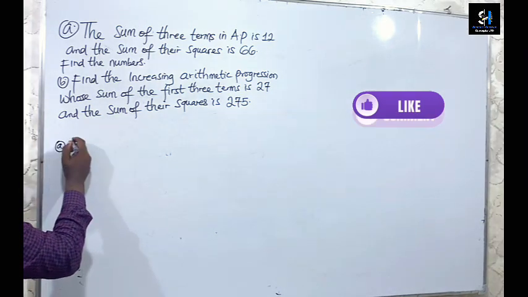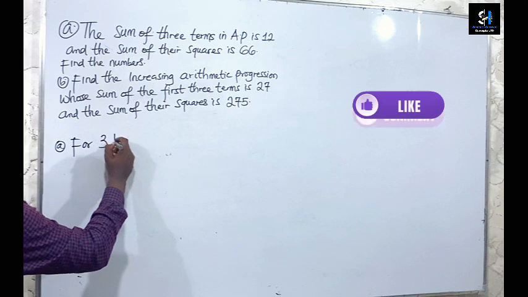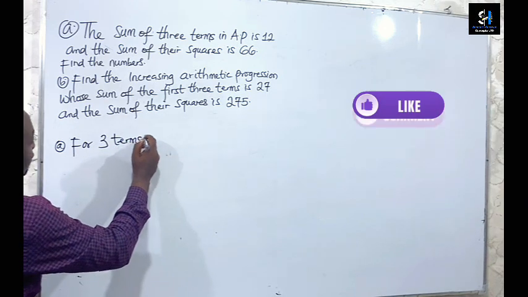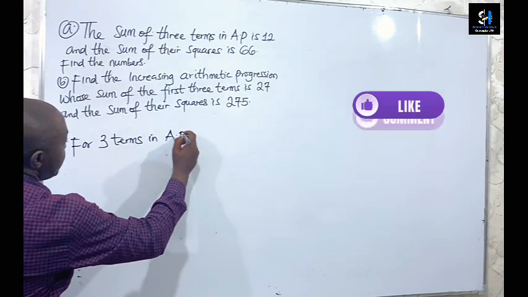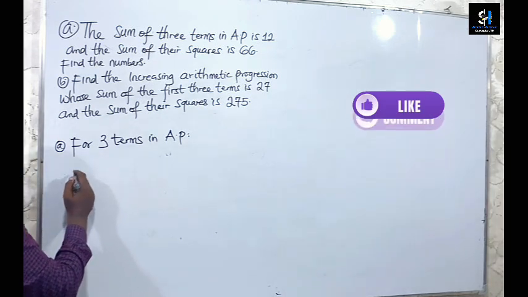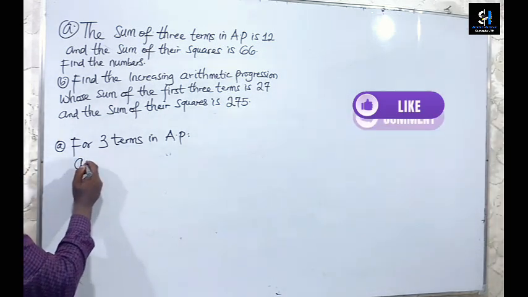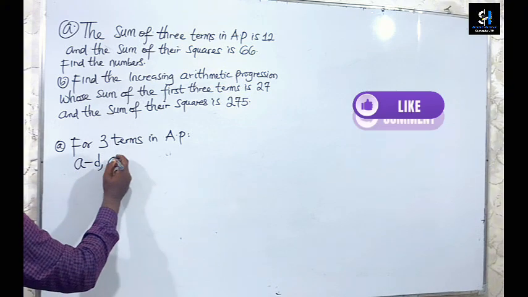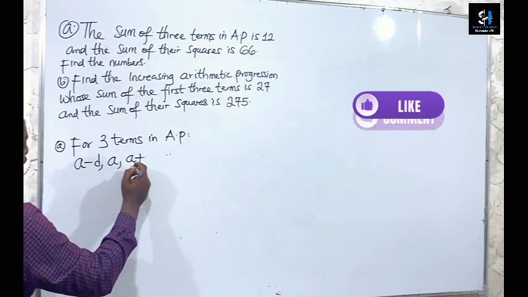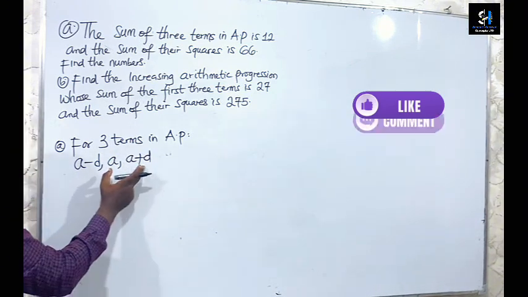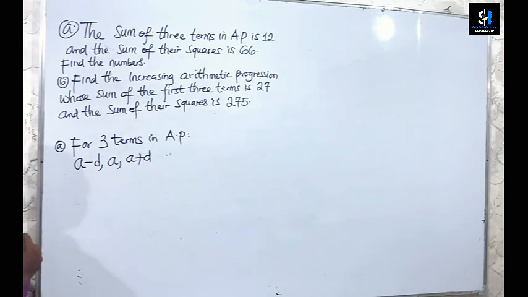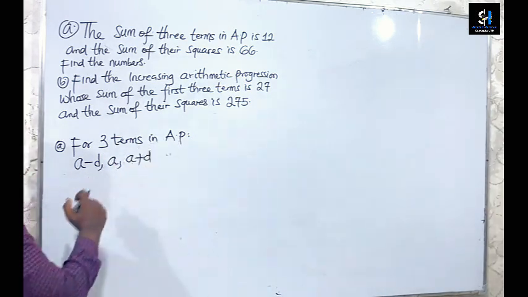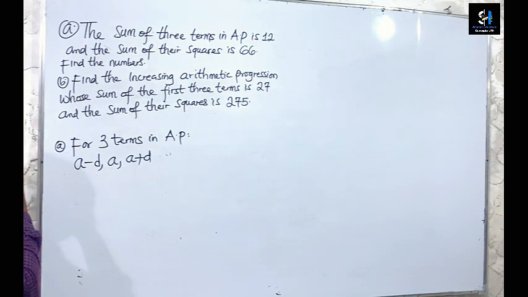So for three terms in AP, we're going to have A minus D, A, and then A plus D to form the sequence known as an arithmetic sequence or arithmetic progression.